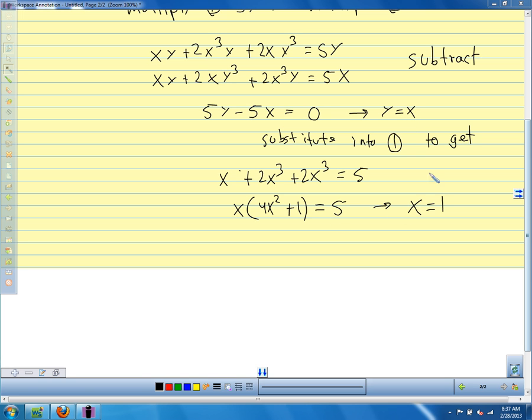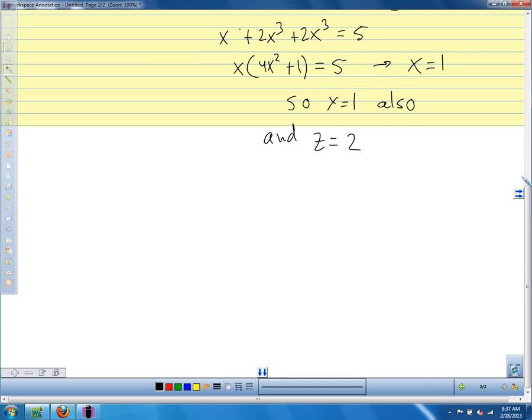We could substitute and get it also, but we know that y equals x. So y equals 1 also. And z equals x squared plus y squared, so z equals 2. And then we can find our distance.